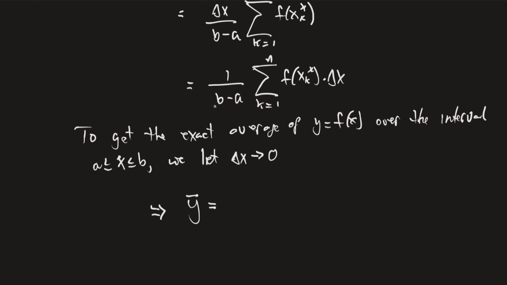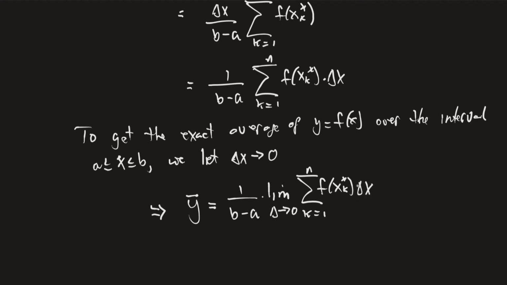Now, this 1 over b minus a is also a constant, so I can write it like this. So it's that constant times the limit. This is one of our limit properties from Calc 1. So the limit as delta approaches 0 of my summation, your special x value there in your Riemann sum, and we know that this turns into a definite integral, right?